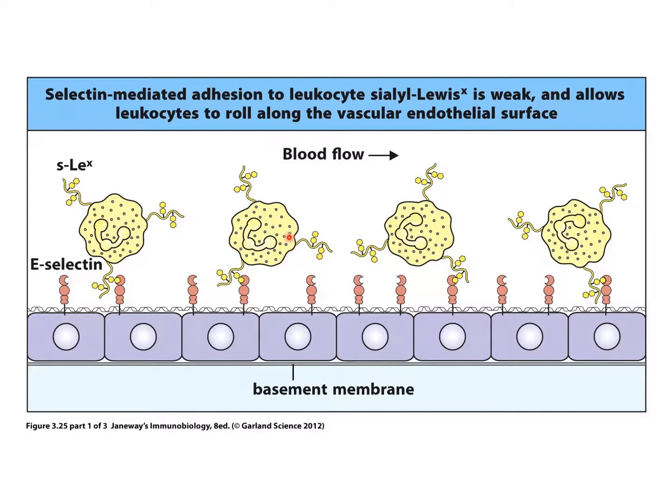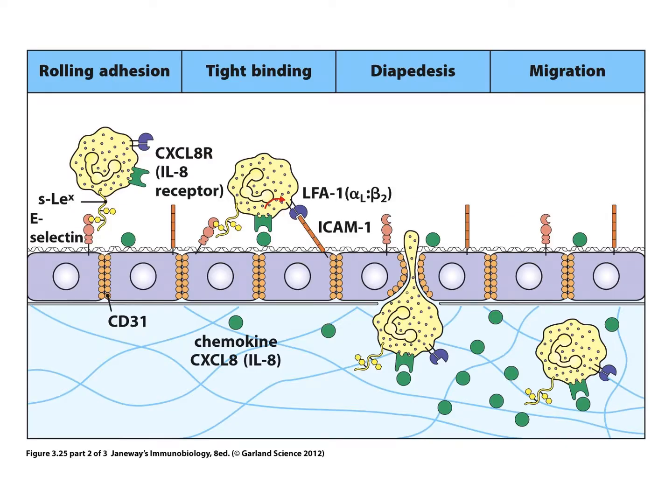Adhesion. So instead of flowing along nice and easily, it starts to roll along the surface of the blood vessel. As it's rolling, it's slowing down. And as the concentration of the chemokine, specifically IL-8, as they're showing here, CXCL8, as that concentration increases, we go from just E-selectins to ICAMs being expressed on the surface.